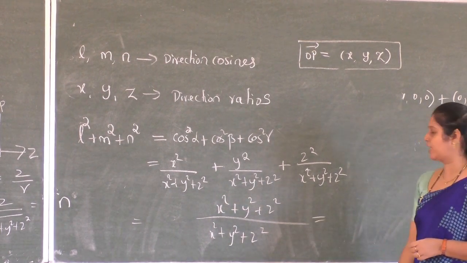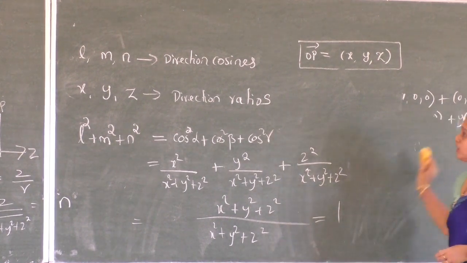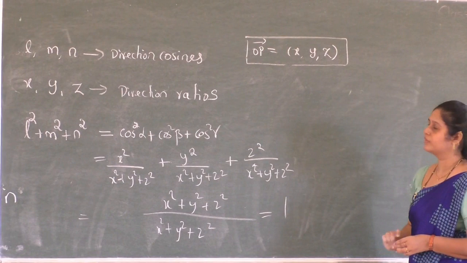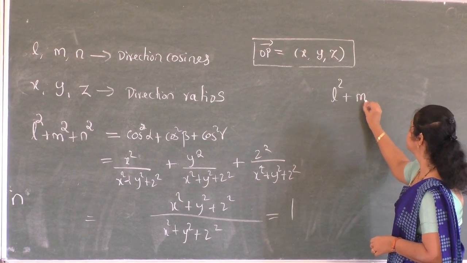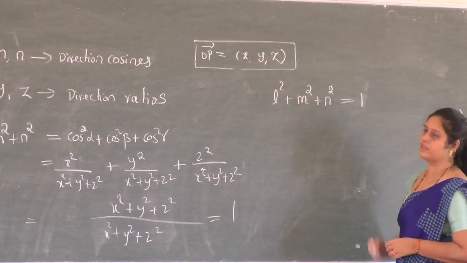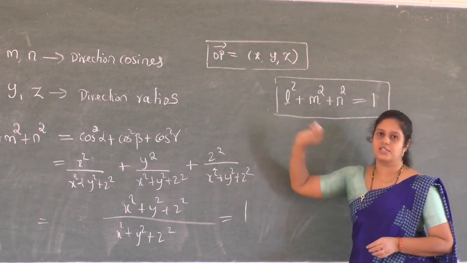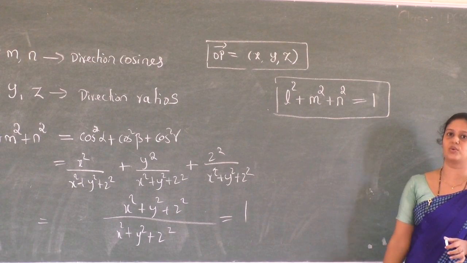On cancelling, we get 1. Therefore, the relationship between direction cosines is that L square plus M square plus N square is always equal to 1. This relationship is important.